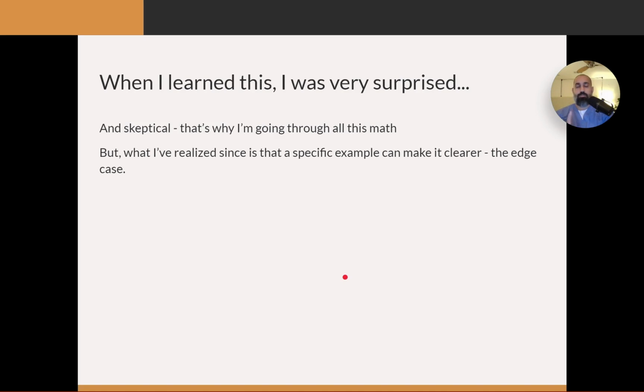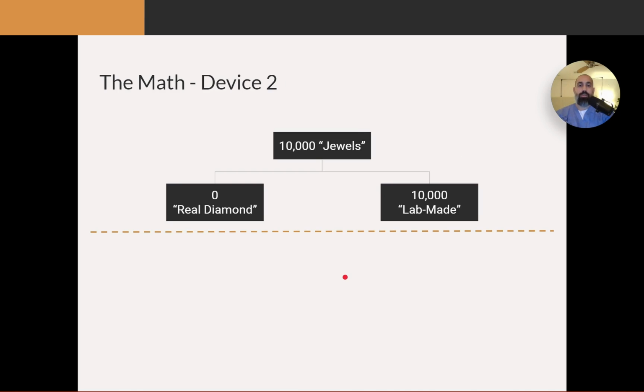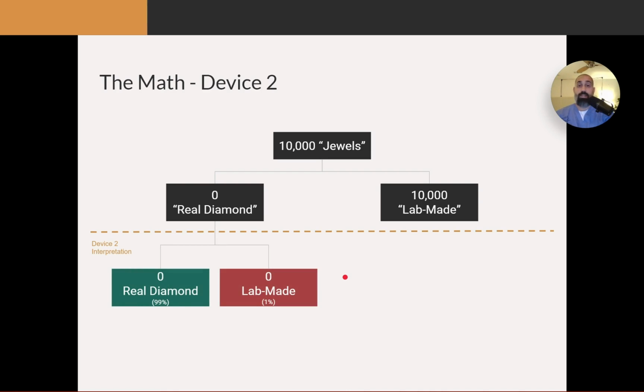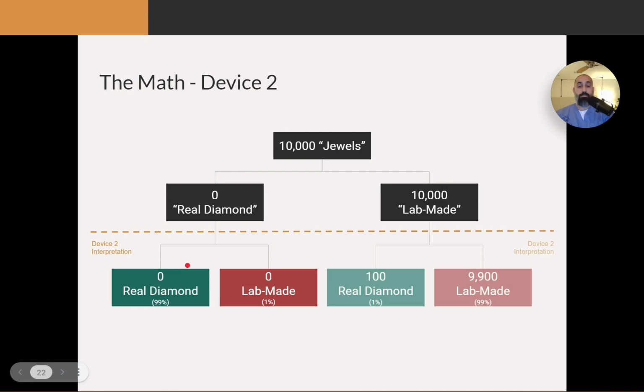But there was one specific example that made it come clear to me, and that is, what if there were no real diamonds in the bag? What if we took 10,000 joules and all 10,000 were fake, and we ran them through the device? Well, it's 99% accurate. But out of 10,000 fake joules, it would make 1% error, and it would call 100 of those as real.